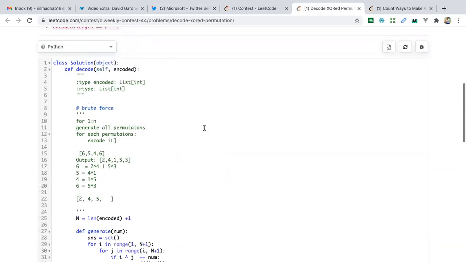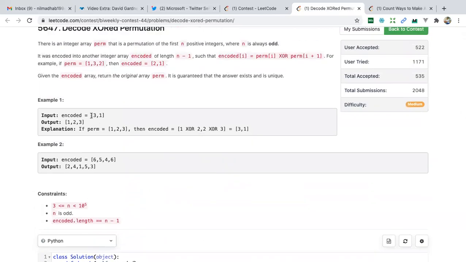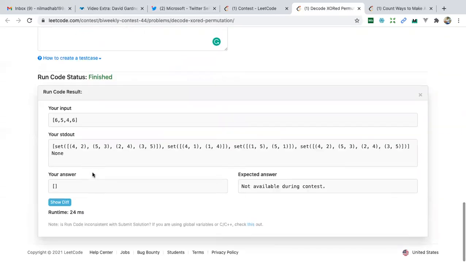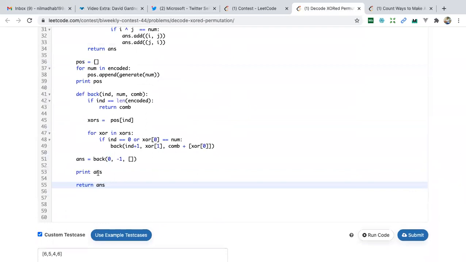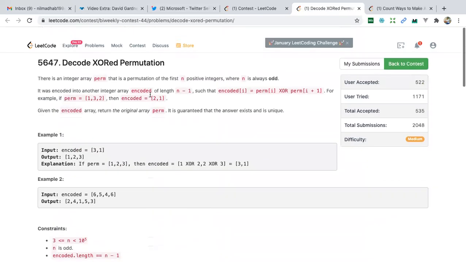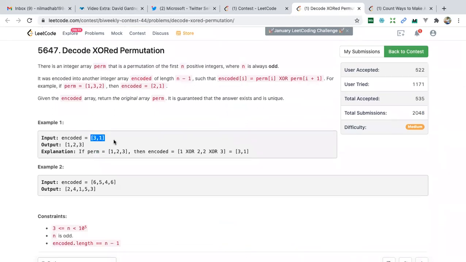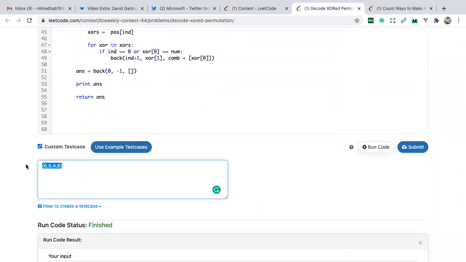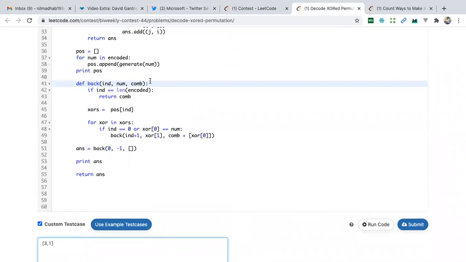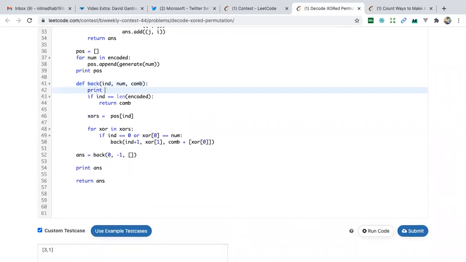Let's try. The first answer is empty. I think your answer is empty, so you're not getting something, right? Okay, so let's print. Let's take the first example, 3 and 1, and try to print something and debug it.